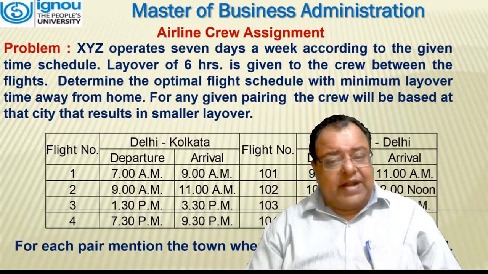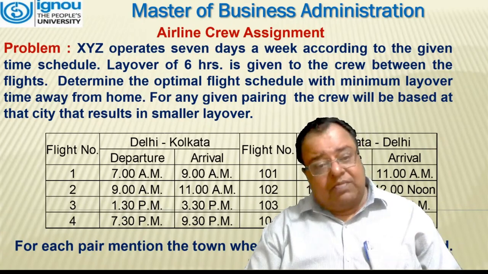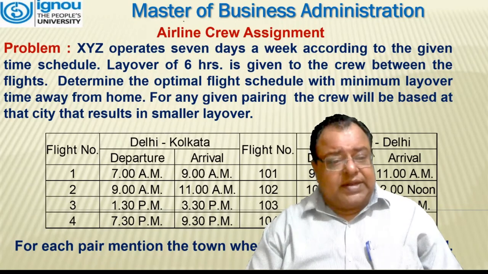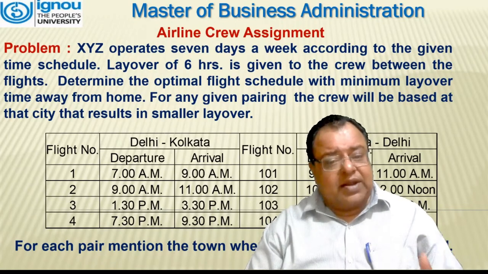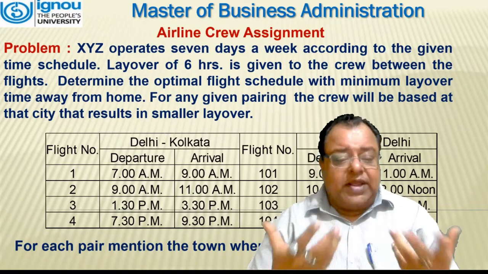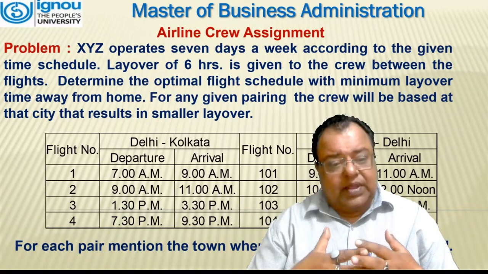Determine the optimum flight schedule with minimum layover time away from the home. For any given pairing, the crew will be based at that city that results in smaller layover. This is the condition. Now, for each pair, mention the town where the crew should be based.